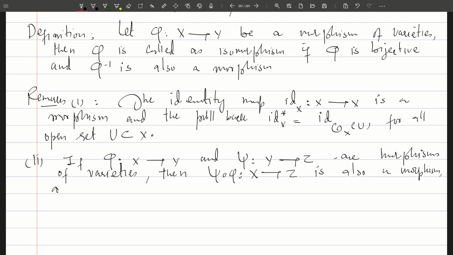And the pullback psi composite phi star is the same as phi star composite psi star.